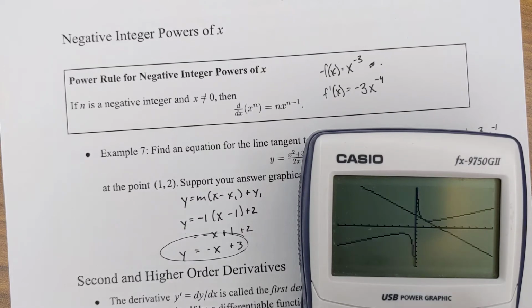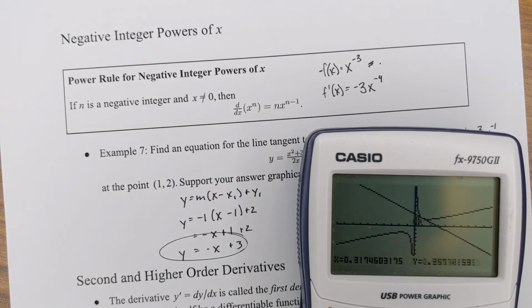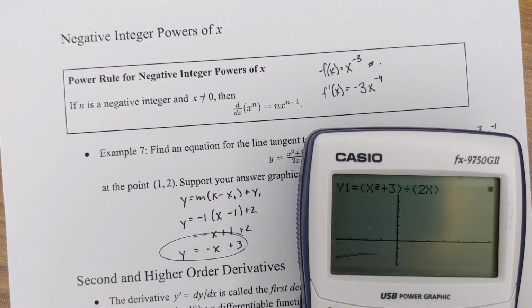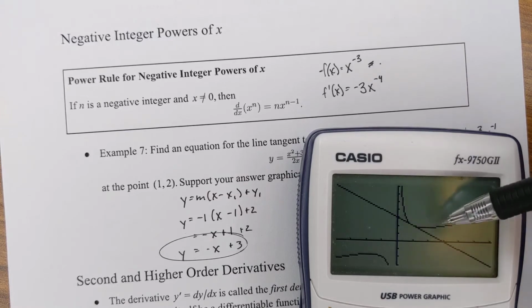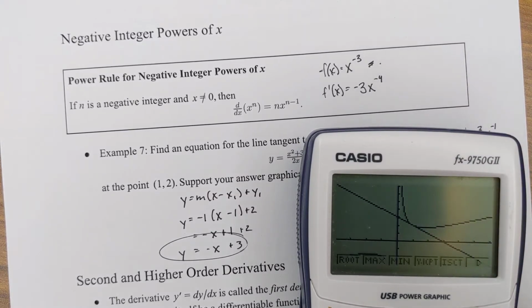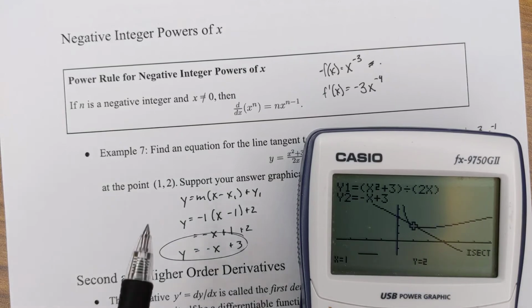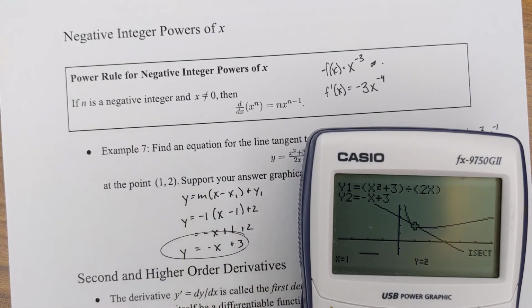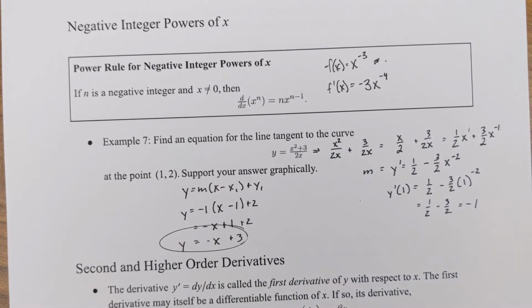So if you zoom in here, you notice there's my curve, there's my tangent line, and it should actually touch. If I find my intersection point, I should get the point 1, 2. So right there, 1, 2, which is the point, because the tangent line touches the curve at that point.